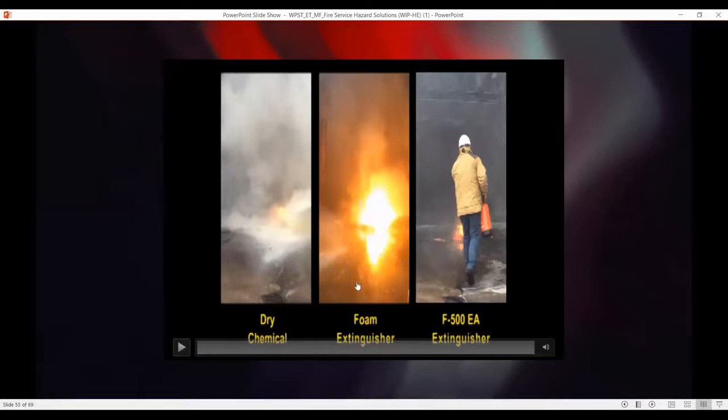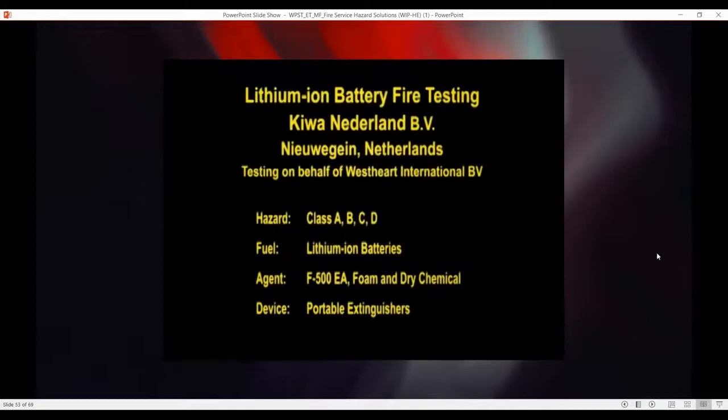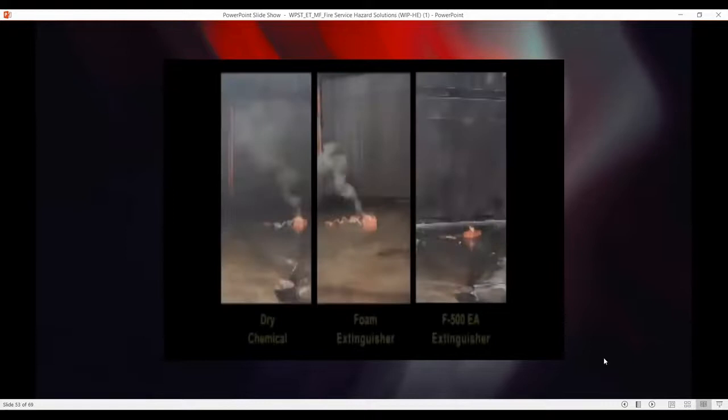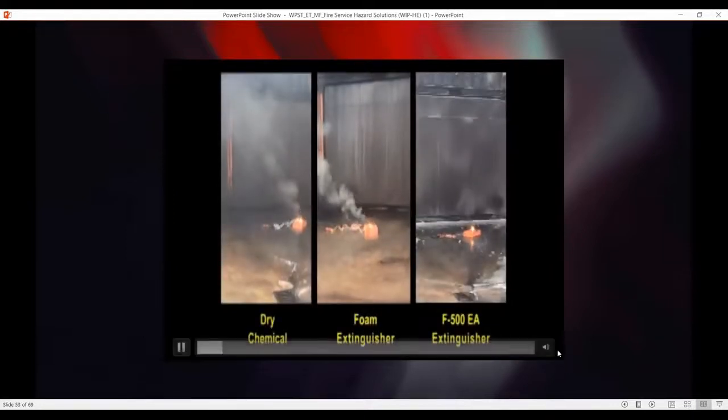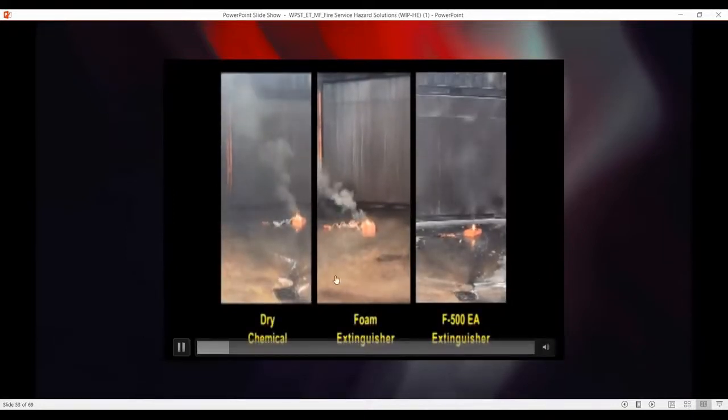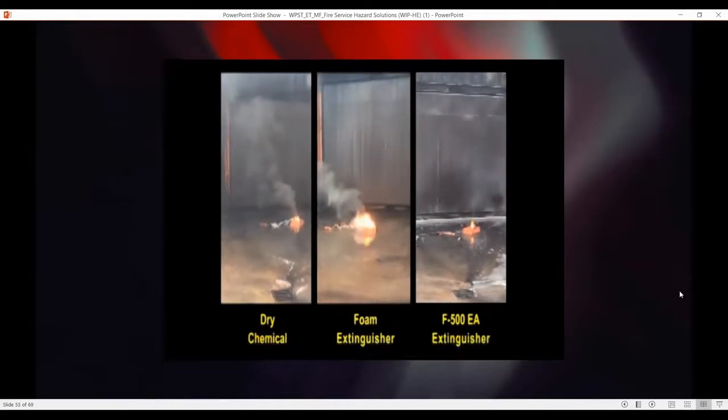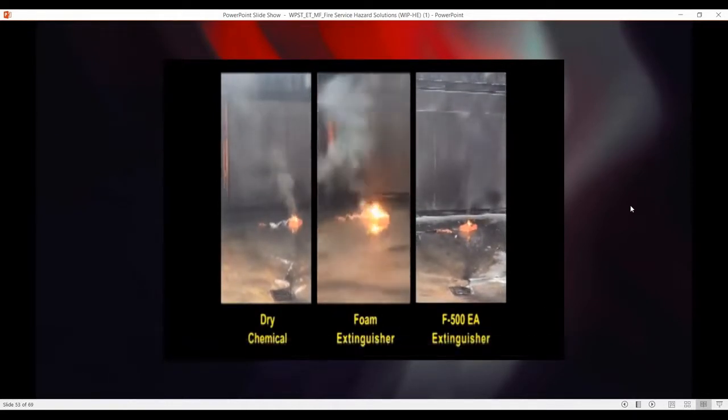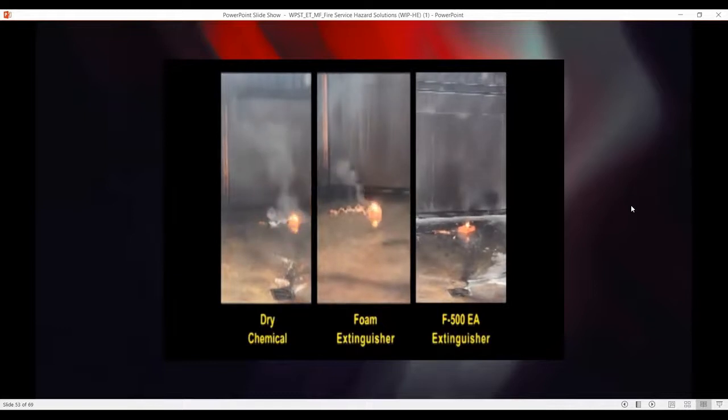This is multiple days of testing that was done for Tesla over in Europe, where they were comparing dry chemical and foam extinguishers that Johnson Controls manufactures and produces against the F500 extinguisher on a lithium-ion battery fire. You see here identical batteries that they take into thermal runaway through overheating.